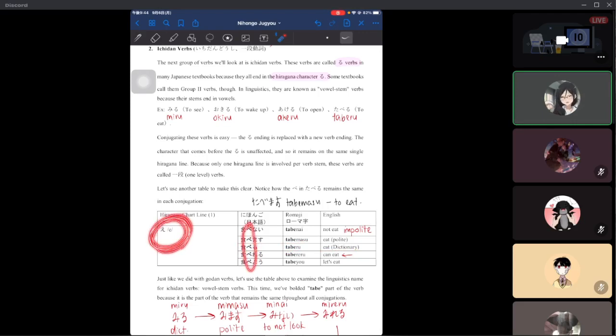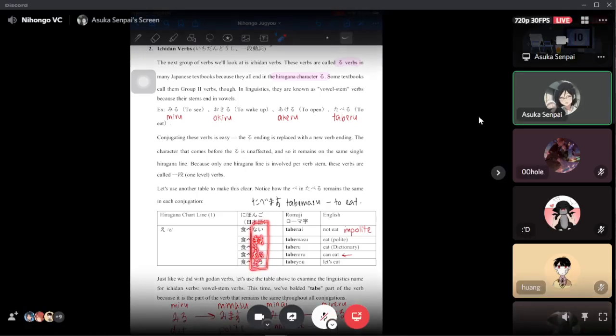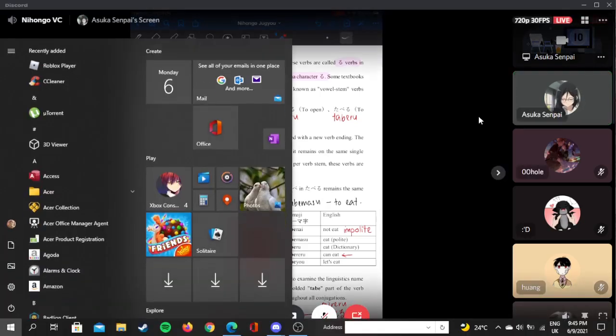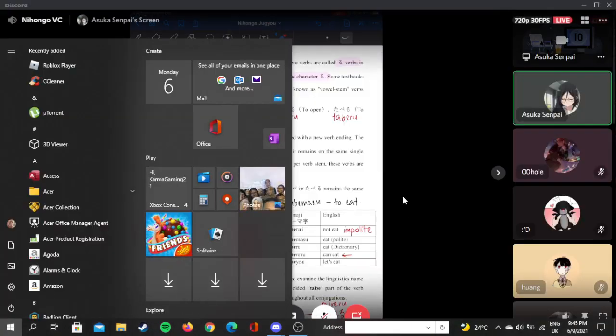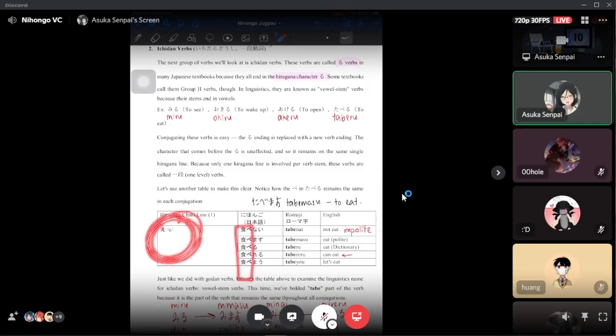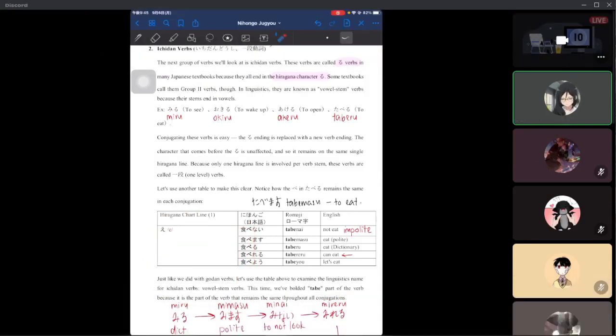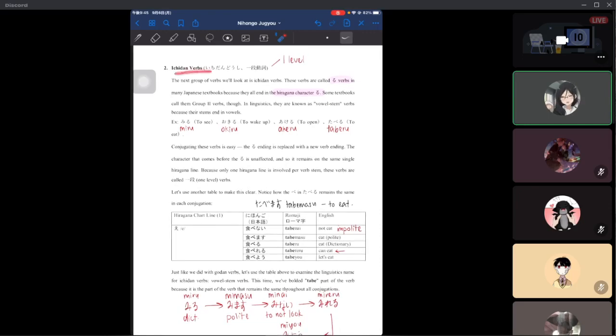It will still be the vowel, except that you just change the back, whether from mas to ru, to reru, to you, to nai. So only the back changes, and the front part does not change. That's why it's called ichidan, because the vowel does not change here. That's why it's called 1 level. So that is the ichidan verb.